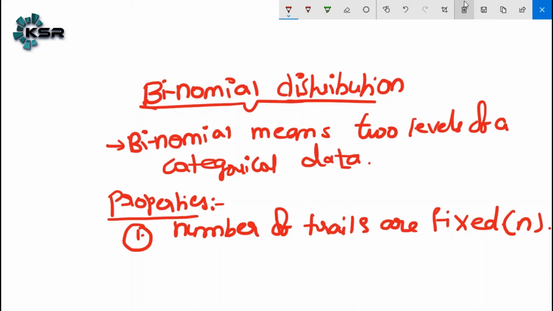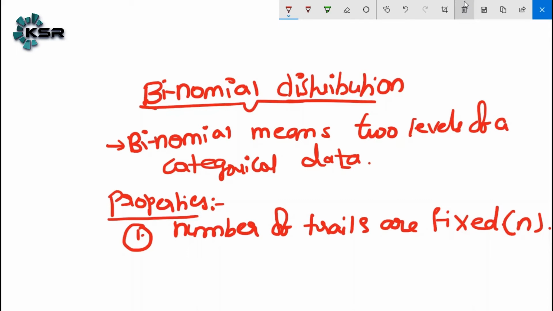We get them using the events only. That is the reason we call the number of trials the events. That should be fixed before we perform the events. Is it clear?